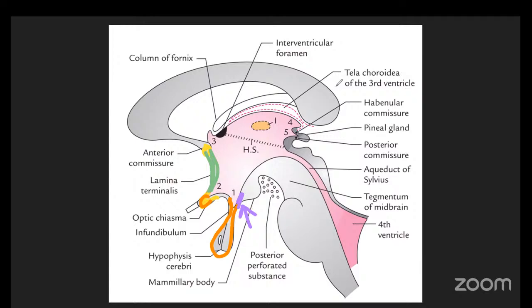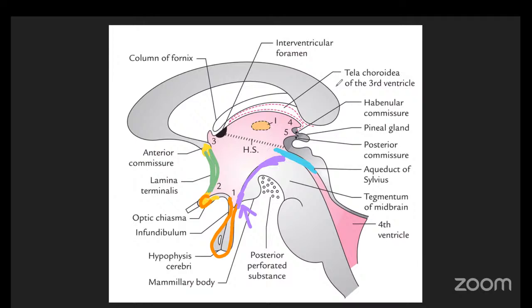So the floor goes like this. Some portion of midbrain, which is made up by the tegmentum, also contributes to the floor. Then comes the aqueduct of Sylvius. I'm going to mark it with blue. And after the aqueduct of Sylvius, we have the posterior wall directly.